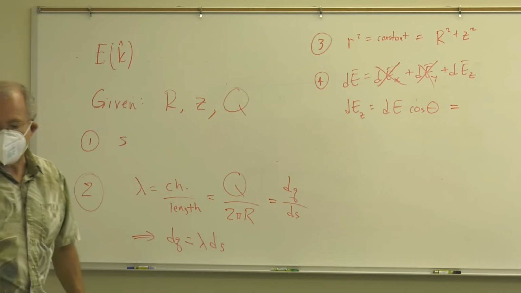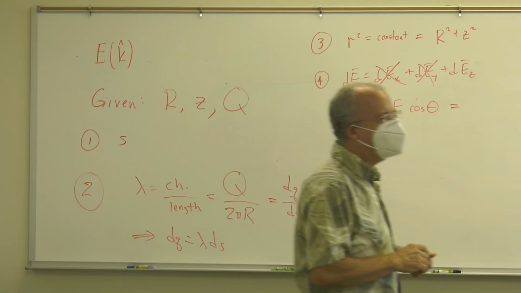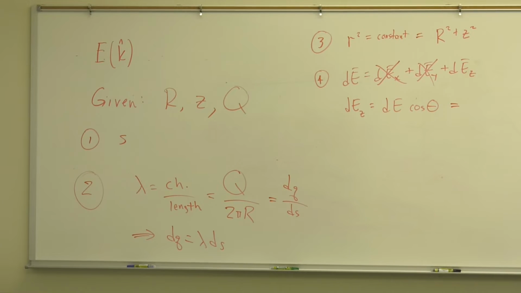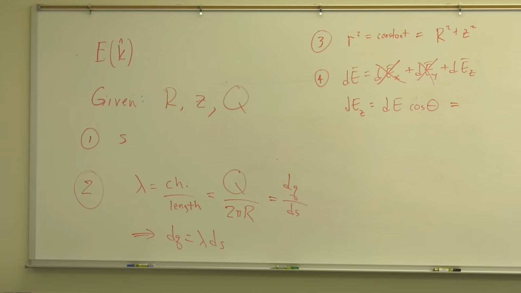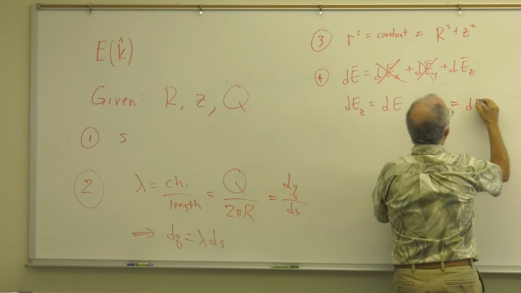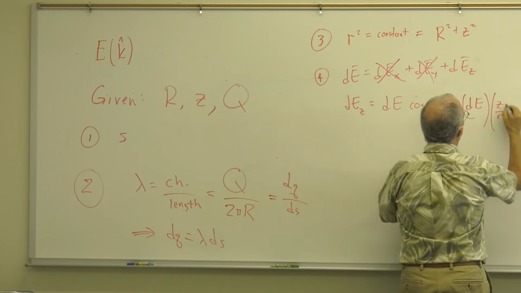So what's cosine theta? Somebody else besides Katie. What's cosine theta? Z over, remember, cosine is adjacent over hypotenuse, right? So what is it? So we have dE, then we have Z over little r.